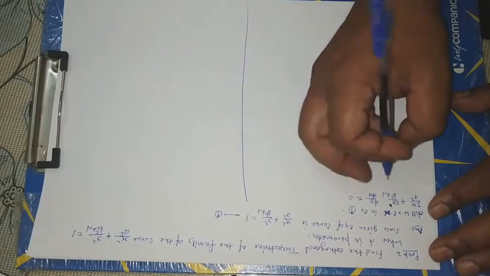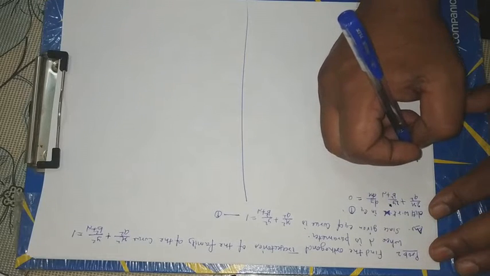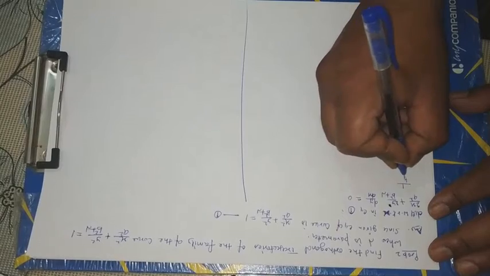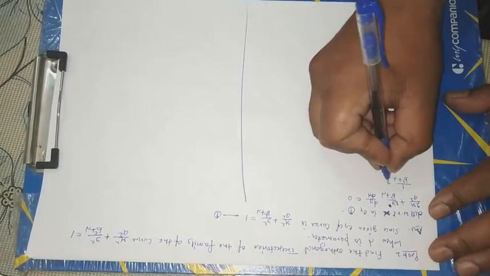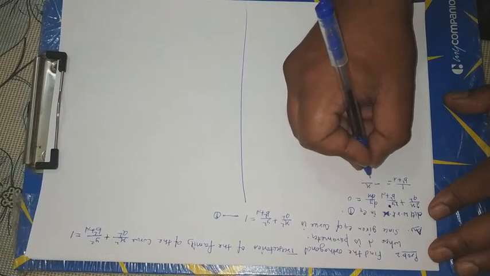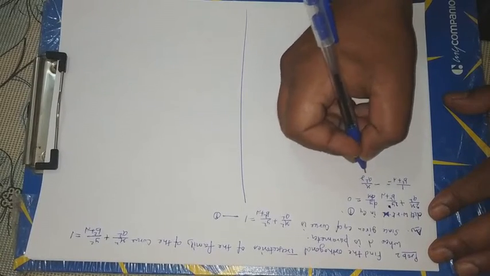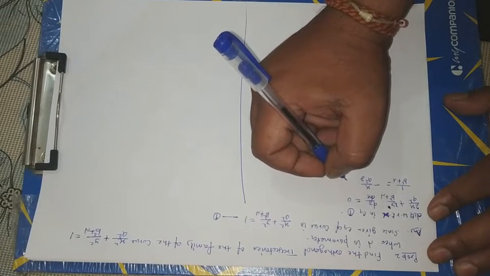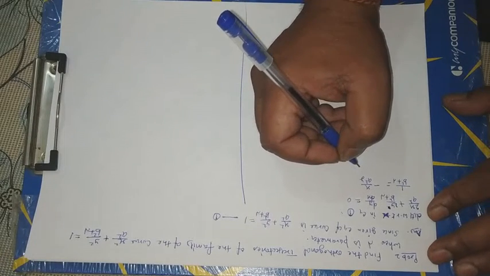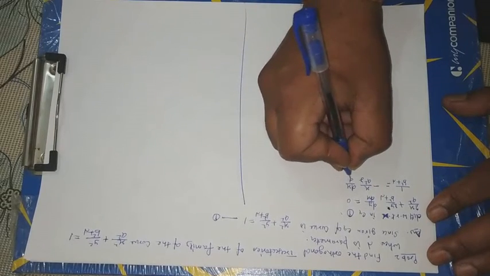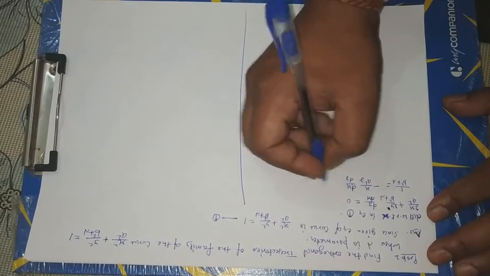Now we can write here 1 upon b square plus lambda equal to minus x upon a square y dx upon dy.